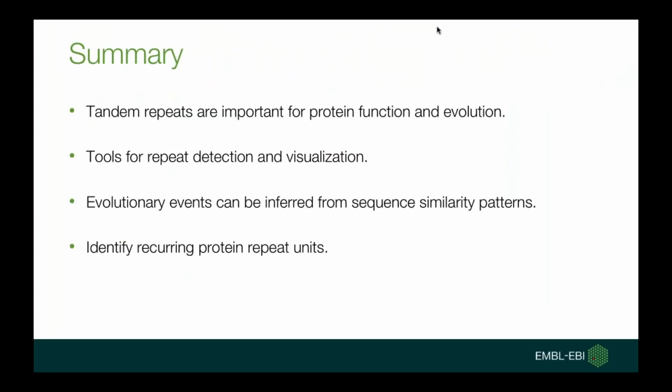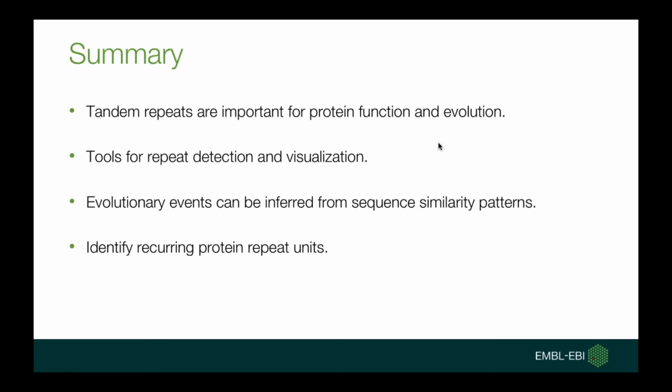So we've come to the end, and as just a quick summary, I've tried to convince you that tandem repeats are important for protein function and evolution, and that there are also a few tools to detect and visualize tandem repeats, and that these evolutionary events that caused the tandem repeats in proteins can be inferred from their sequence similarity patterns.